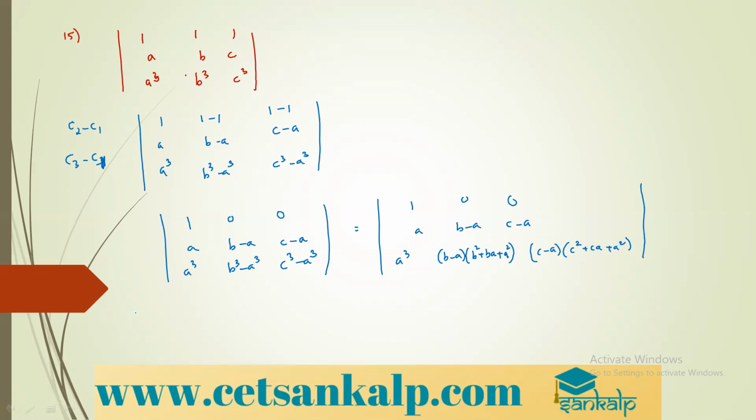So from column 2 and column 3, I can take B minus A and C minus A common. So 1, 0, 0; A, 1, 1; A cube, B square plus BA plus A square, C square plus CA plus A square. This is left.